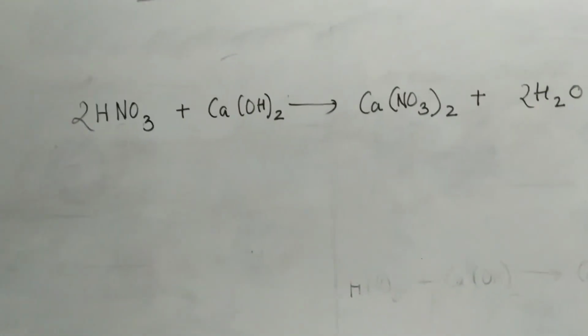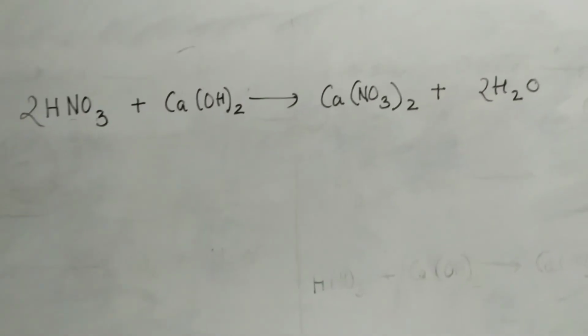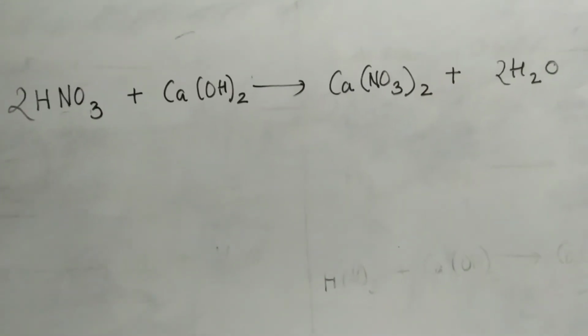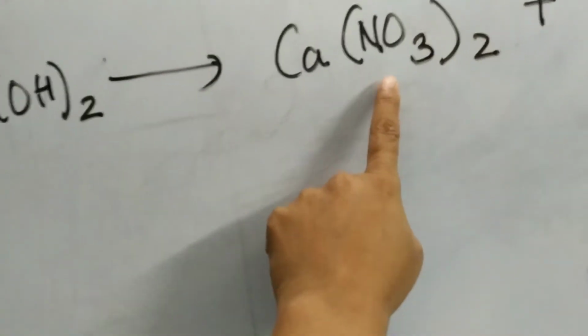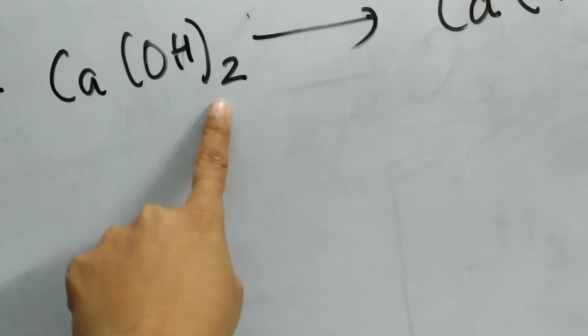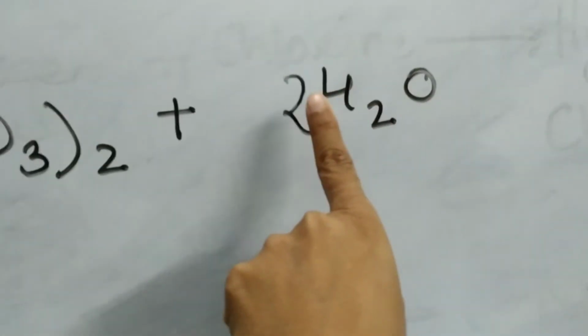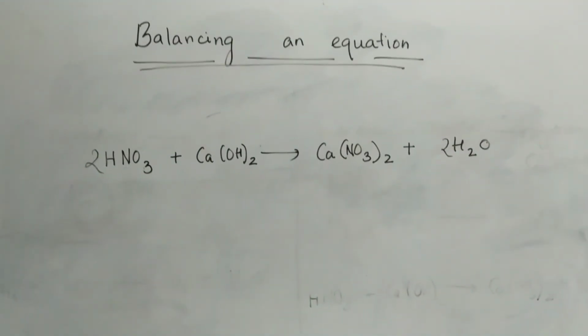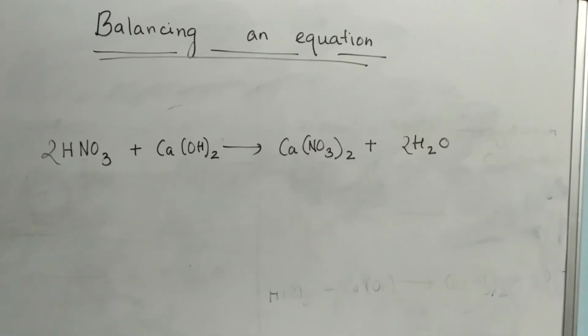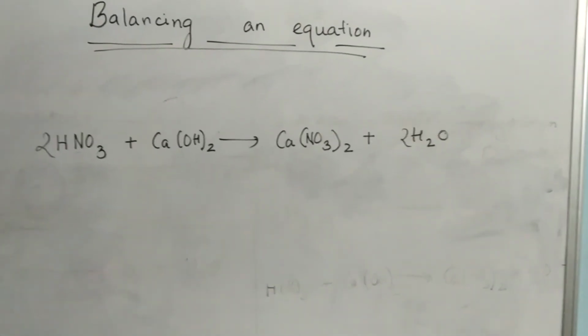Hydrogen balanced. Nitrate group is balanced. Calcium 1, calcium 1. Let's check for oxygen. Now don't check for this oxygen because this is already in a nitrate group which we have calculated. Check only for this oxygen. There are 2 oxygens here, and here we have 2 oxygen. If you see, this is balanced. 2HNO3 plus Ca(OH)2 gives Ca(NO3)2 plus 2H2O.